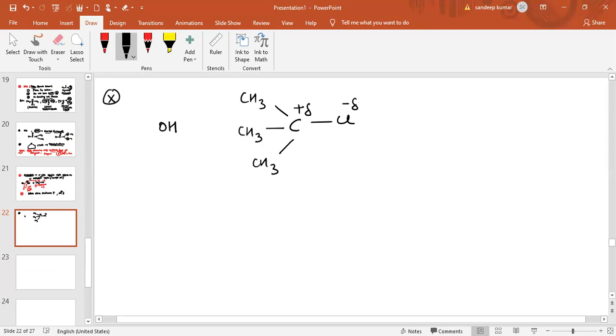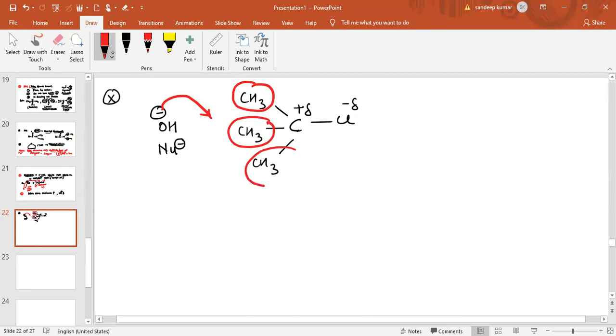And here it is nucleophile, which is OH minus. This is nucleophile, electron rich, and this is electron deficient. If this nucleophile wants to attack on electron deficient carbon, there are three bulky groups.